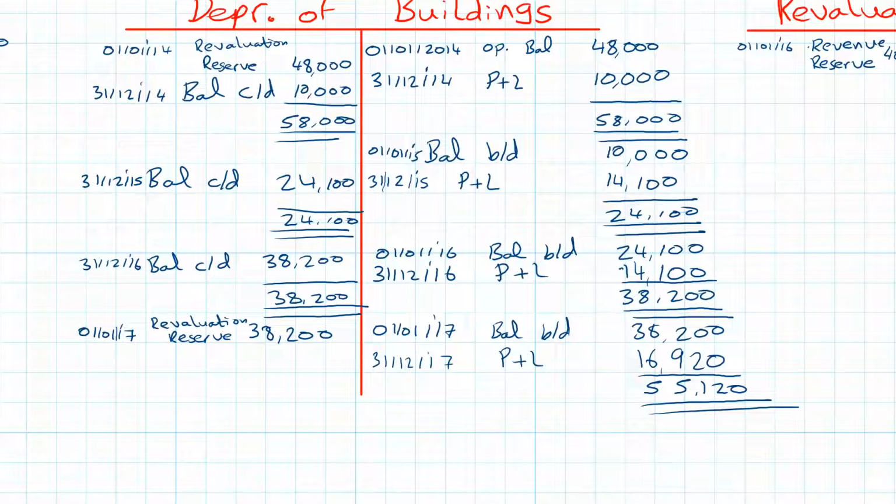So just to make sure, put it into your calculator. Yeah, 55,120. So we already know what the balance is going to be. It's going to be just this 1 year we had.